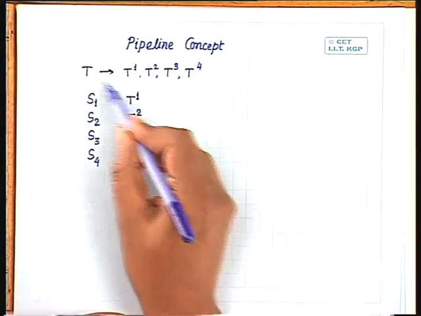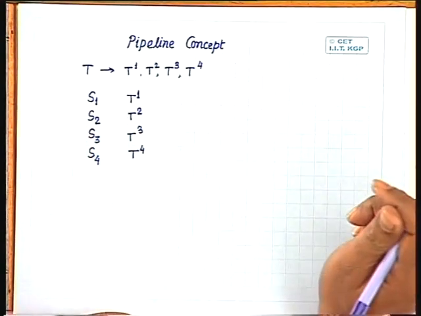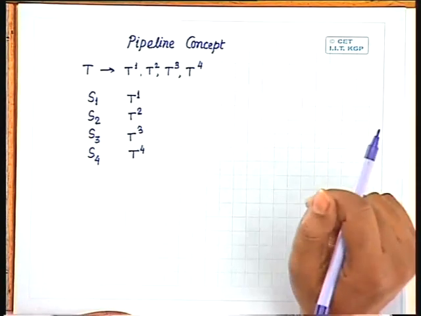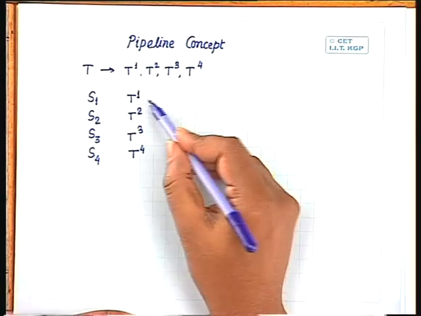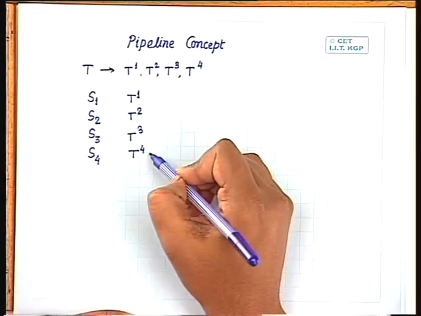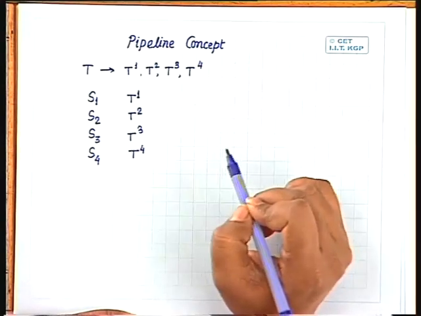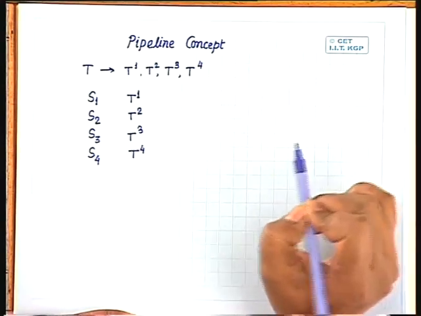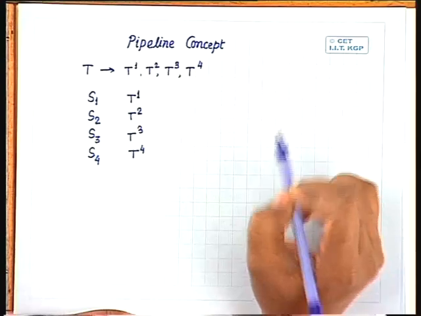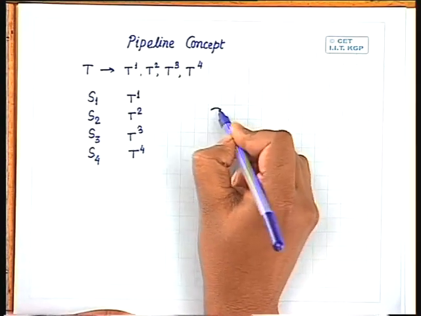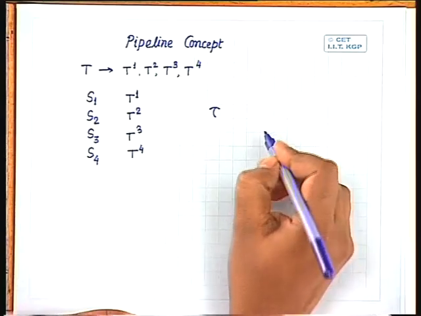Okay. So this is a kind of architecture that I have, right? And I also assume, for simplicity, that each of these subtasks T1, T2, T3, T4 takes the same amount of time for computation. Okay? And I assume that the time of computation for each of the subtasks is tau.